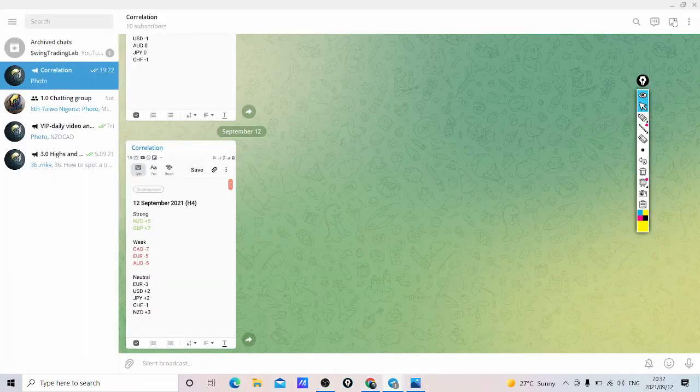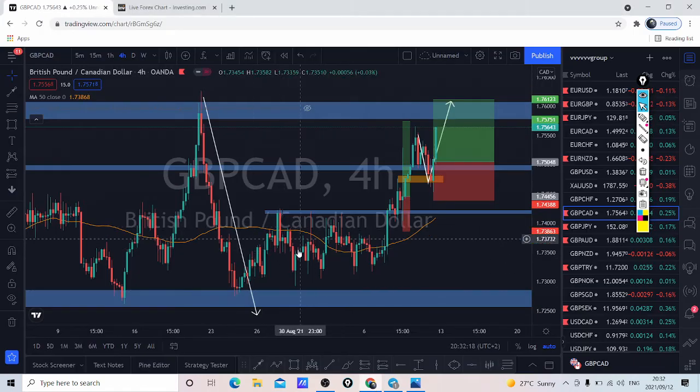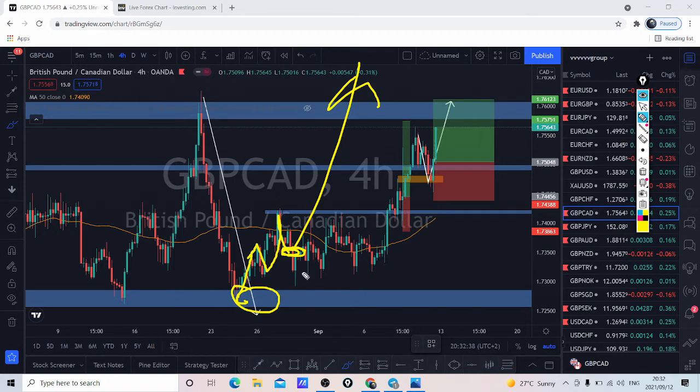So this is also good just to avoid consolidations. Just imagine you bought, maybe you said, okay, the market has made the lowest point here, now it's going up, so I'm going to wait for a retest, or maybe a break and then a retest, and then I'm going to buy here and hold until there.